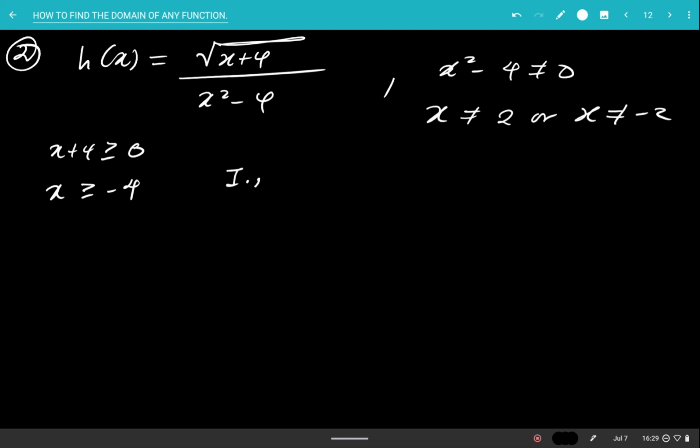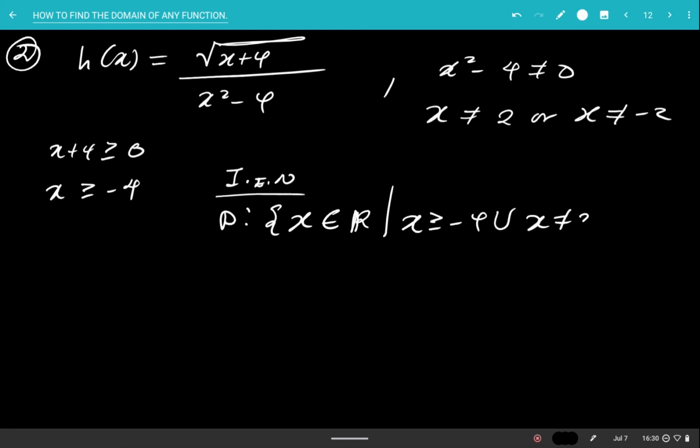According to the inequality notation, the domain will be that x should be a member of all real numbers such that x should be greater than or equal to minus 4, and x should not equal 2, or x should not equal minus 2, like that.